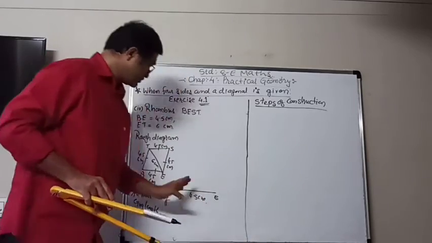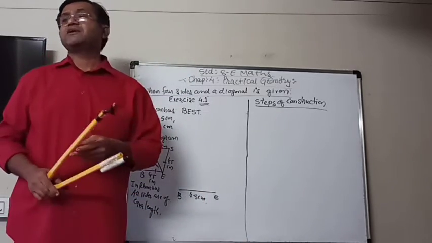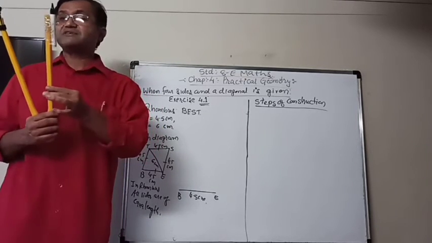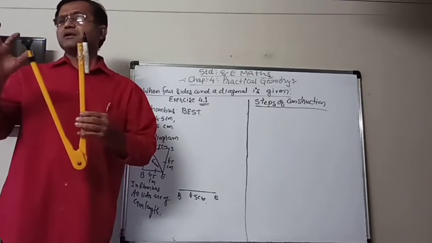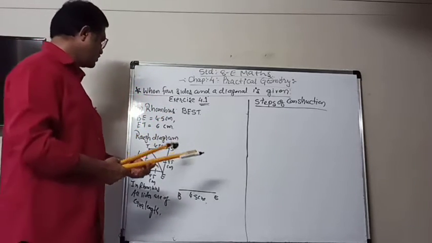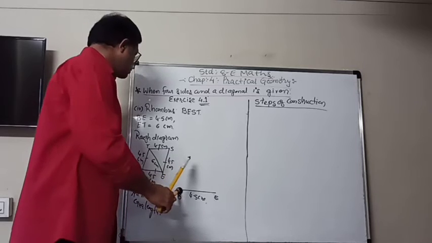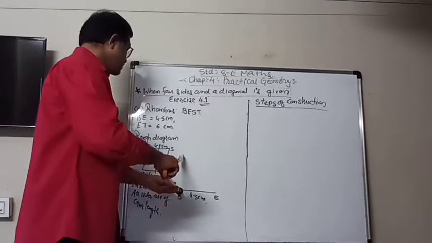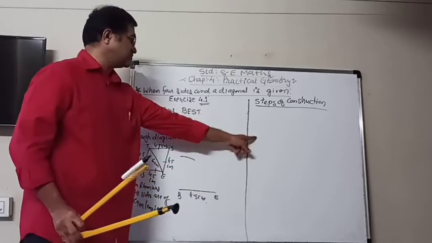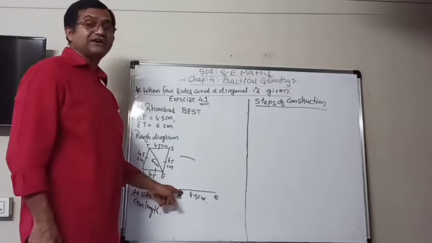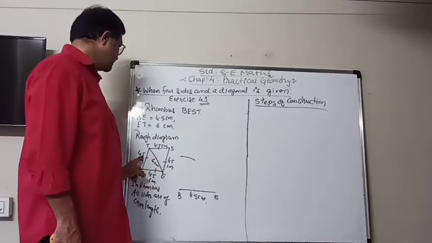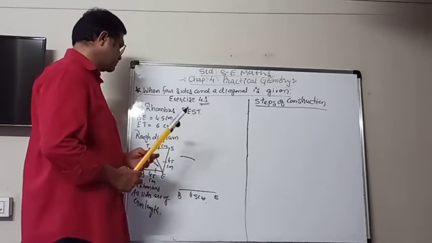Maybe in my construction the figure will not be accurate, because my measurement will be a little plus minus because of this thing. So now from B I have to draw an arc of that 4.5 centimeter. So you will write down the second step. From the center B, draw an arc of radius 4.5 centimeter.